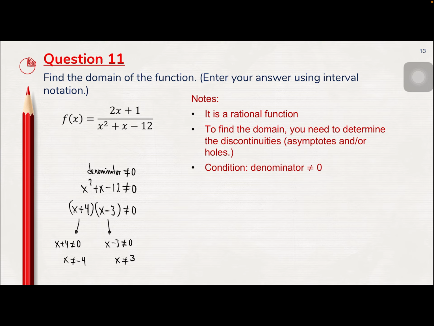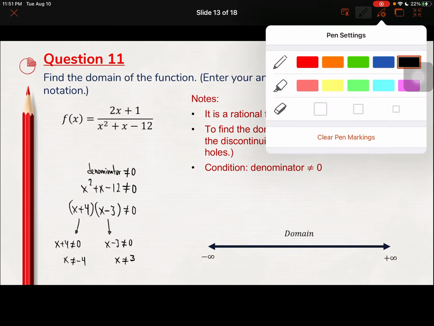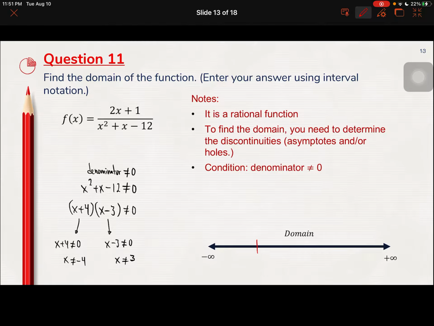Okay, so with this information, remember that the domain goes from minus infinity to infinity. x cannot be minus 4 because there is a discontinuity, and also x cannot be 3.